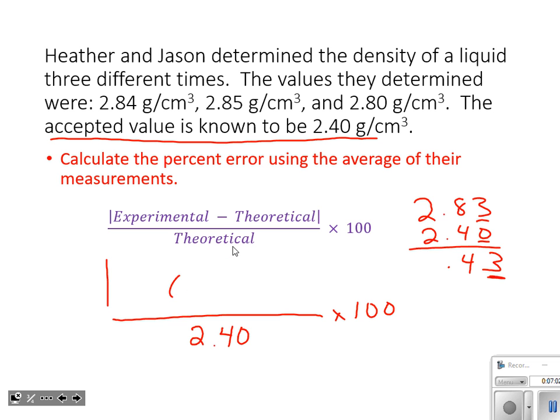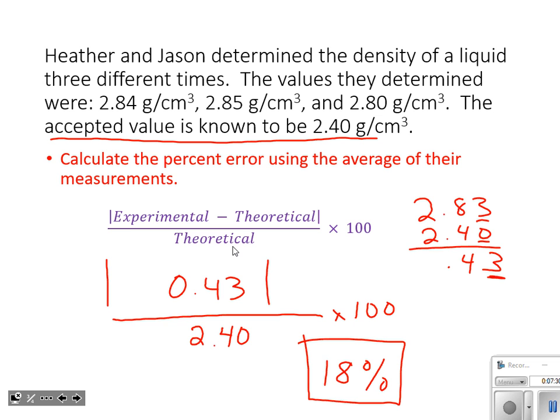Now I'm going to take that 0.43 and divide it by 2.40, then multiply that by 100, and it's going to give me a value with two sig figs because of the 0.43 right there. So my value is 18% for my error.